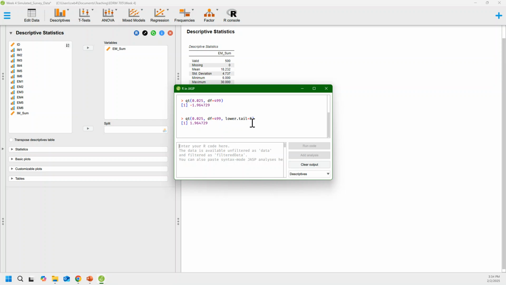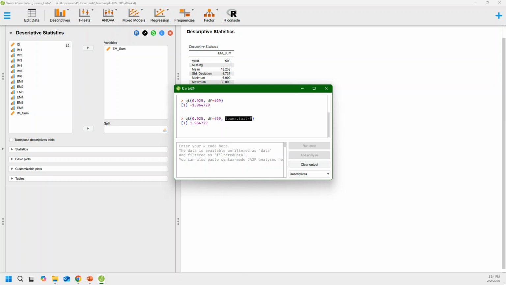I don't know why I didn't even think to use lower.tail because that's what we've been using all semester, during our last module. But if I want to know that t value from the upper end of that distribution, I can just use 0.025 and do lower.tail equals false. But this is giving me the value on the t distribution that separates the middle 95% from the rest of the distribution. All right?